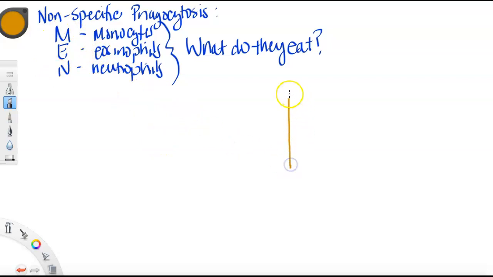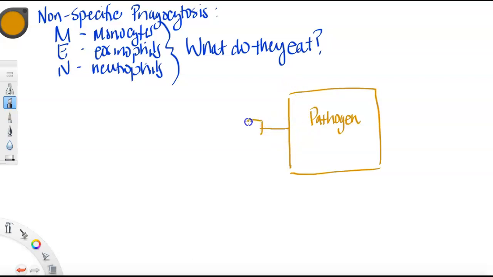So if we have this pathogen, so there's a pathogen there, and all cells, and that includes bacteria and things like that, display things on their cellular membrane. They have markers that can display stuff, okay? And most pathogens, or a lot of pathogens, display this special marker called a PAMP.